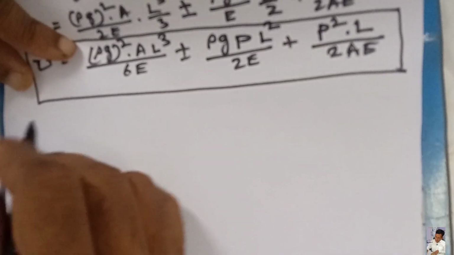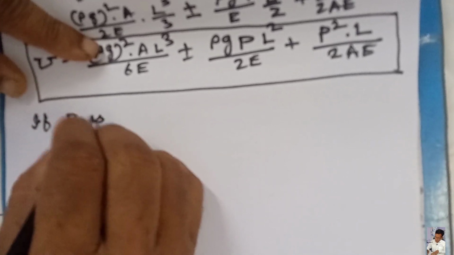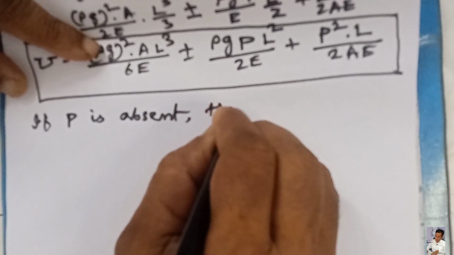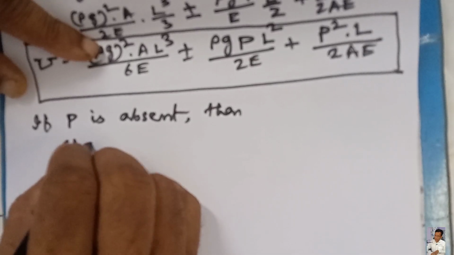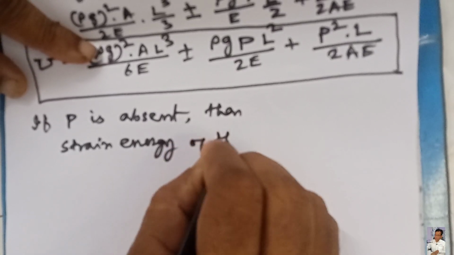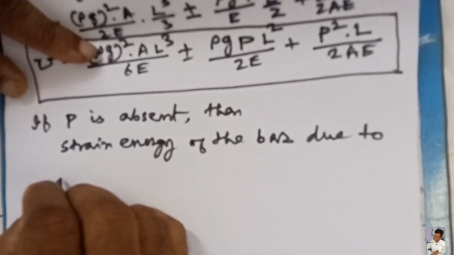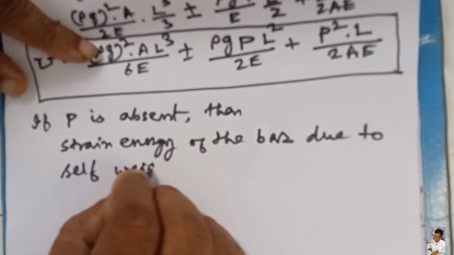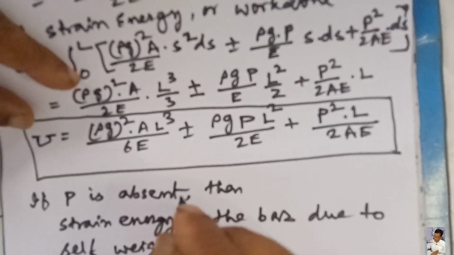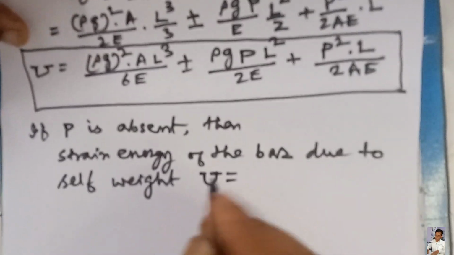Now, if P is absent, then the strain energy of the bar due to self weight: U is equal to, P is absent, that means this term is 0, and this term is also 0.